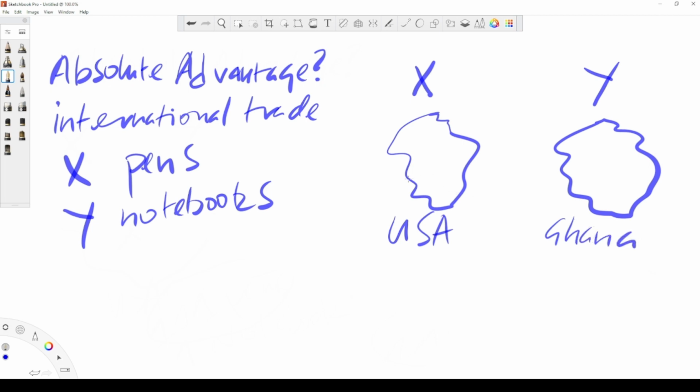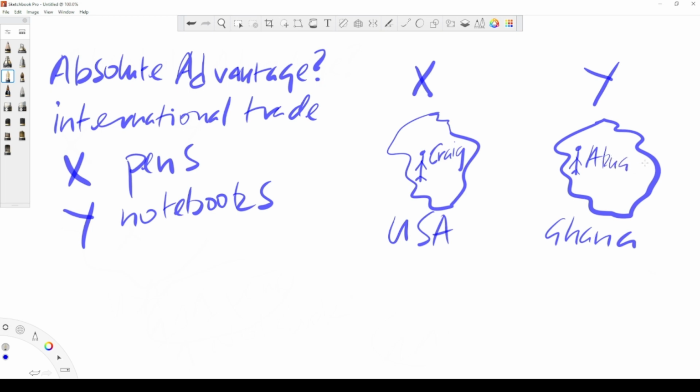We have 1 unit of labor in each country. This is my unit of labor in USA. Let's call this unit of labor Craig. And then we have another unit of labor in Ghana. Let's call this unit of labor Ikea.